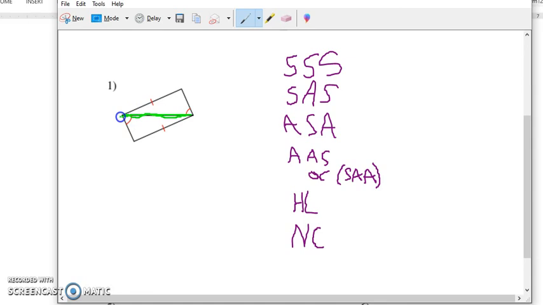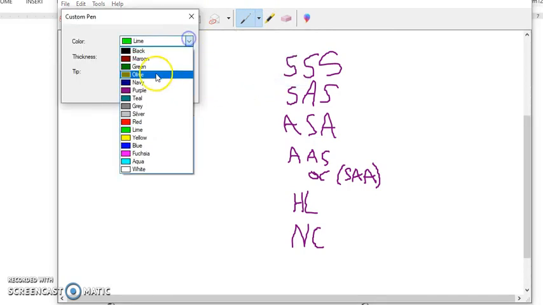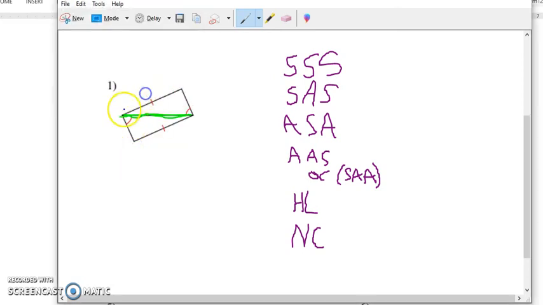So this is a shared side. And then we also have, let's try another color, a darker one, blue, this other side. So we already know that the problem gives us 2 sides being congruent. So let's start with that.